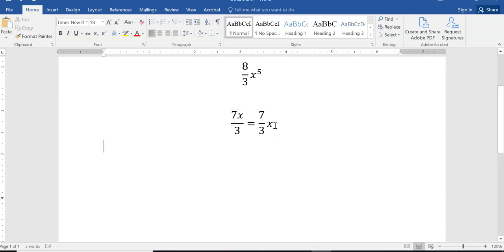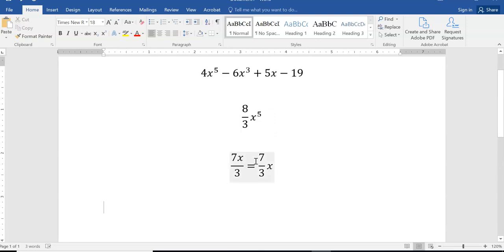Now, what's not okay, so these things are all polynomials. 4x to the fifth minus 6x to the third plus 5x, 8/3 x to the fifth, 7x over 3. Those are all polynomials. So what's an algebraic expression that's not a polynomial, you may ask?